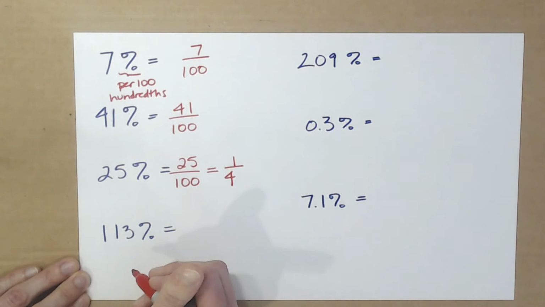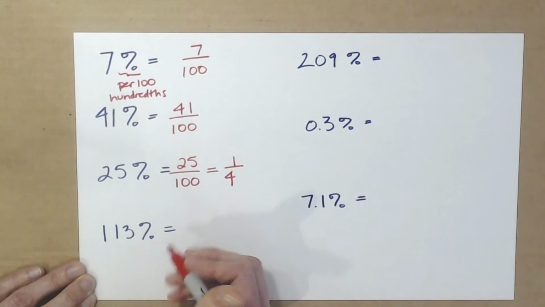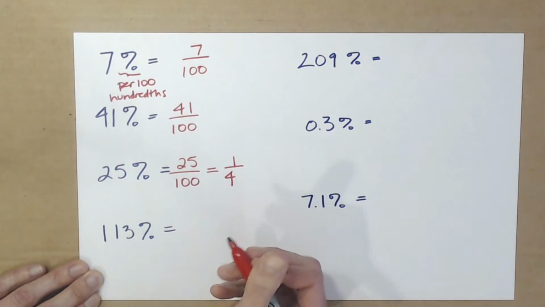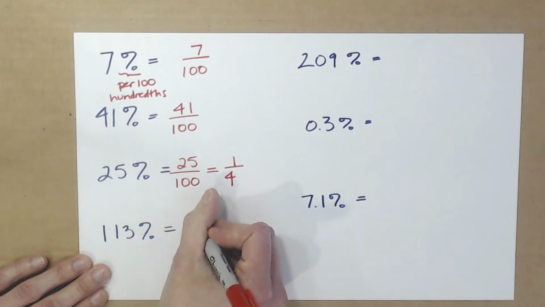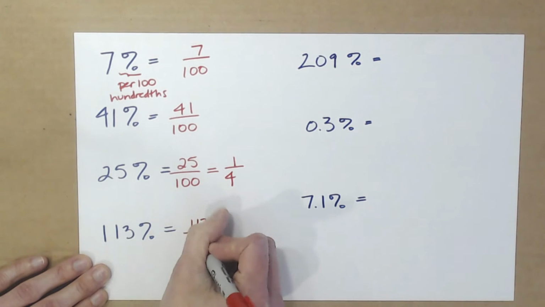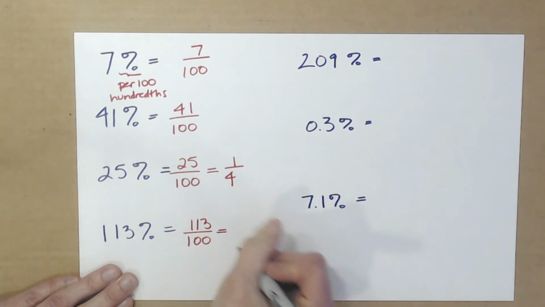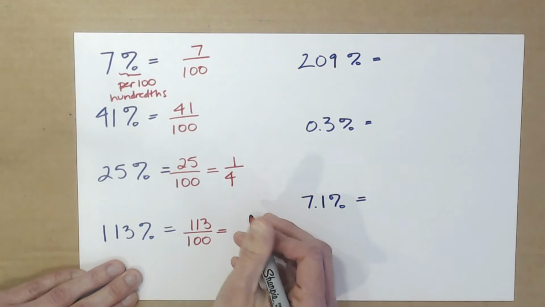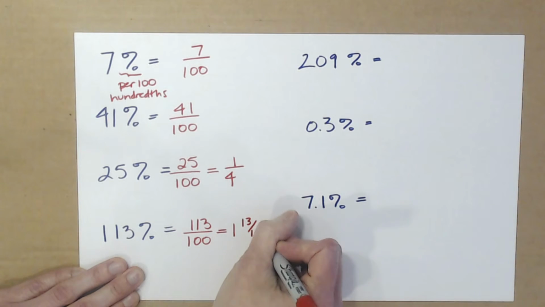113%. Now this is over 100%. 100% of something is all of it. So if you're taking 113% of something, you're taking more than all of it. So there's 2 ways to think about this one. You can think of it as hundredths. First of all, 113 hundredths, which is an improper fraction. We can change it into a mixed fraction by making it 1 13 hundredths.